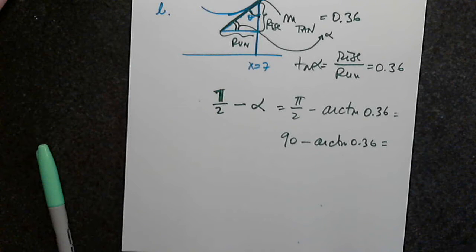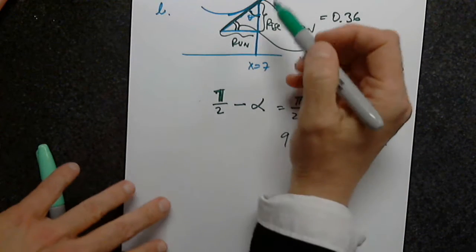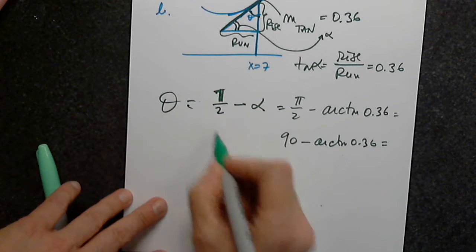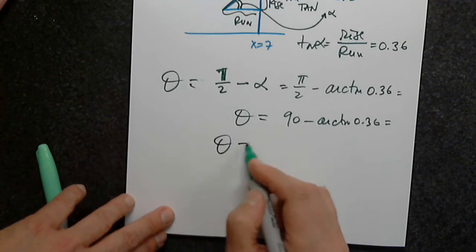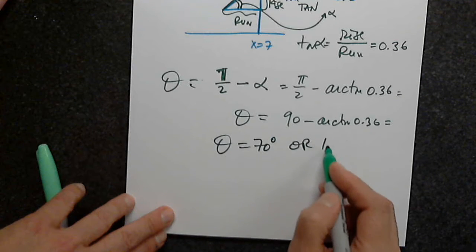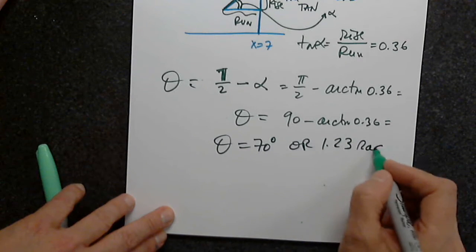I can no longer use the previous answer because it will take this one instead. Okay, and that is 70 degrees. Which makes sense because 1.22, because one radian is 57 degrees. So this angle theta, so this is theta in both cases. So theta equals 70 degrees or 1.23 radians.